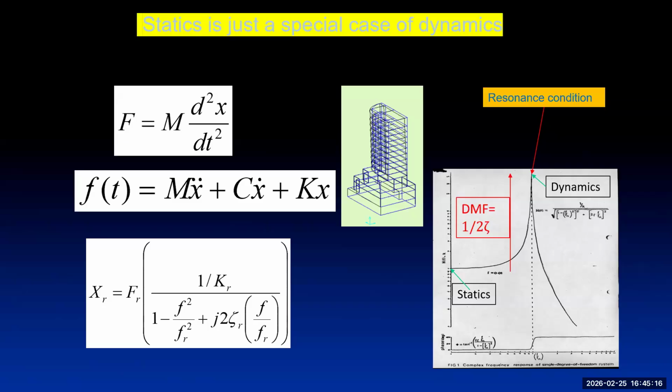If, however, you find a resonance, then you'll find a dynamic magnification factor. And that factor is 1 upon 2 zeta. So if zeta is small, which it is in structural systems, then the magnification factor because of a resonance can be quite large, anything up to 50 times.